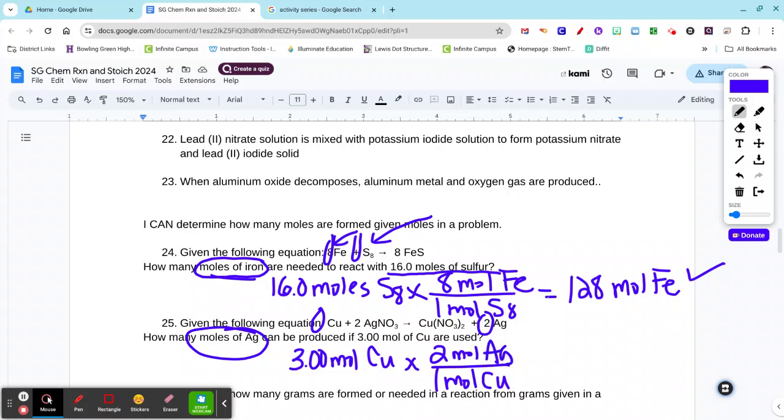Okay, and I want to make sure that they're crossed. So if moles of Cu is up here, it has to be moles of Cu down here, because that way, if it's numerator and denominator like this, they're going to cancel out. And I'm going to get moles of Ag as my answer. So that's how I know what to put on top and the bottom. So then since these are both on the top, I'm going to multiply. 3 times 2 is 6 moles of Ag. So that's moles to moles, pretty easy.